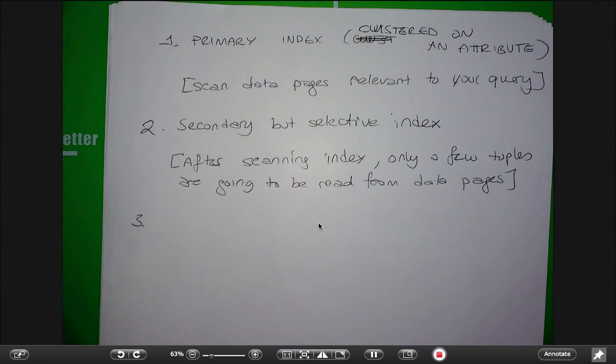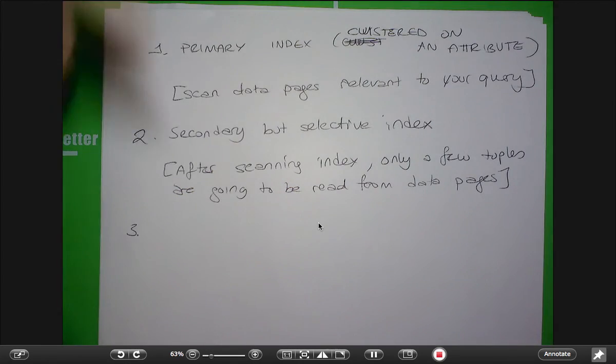Now, if you don't have a good selective index, you may still save something if you have an unselective index that actually answers your query. If your query is unselective, but the index has all the attributes you need, then that may also be useful.